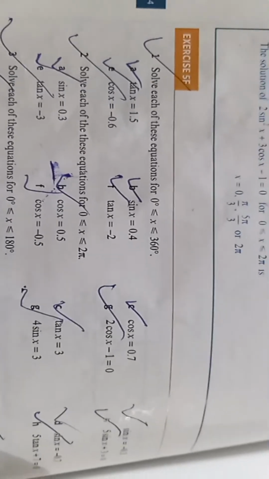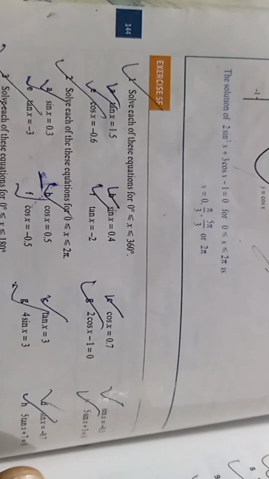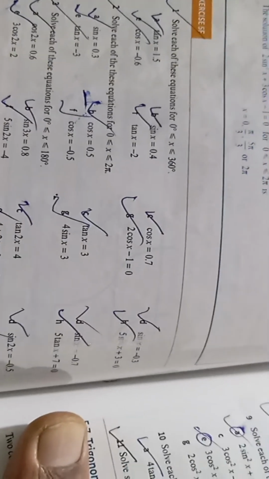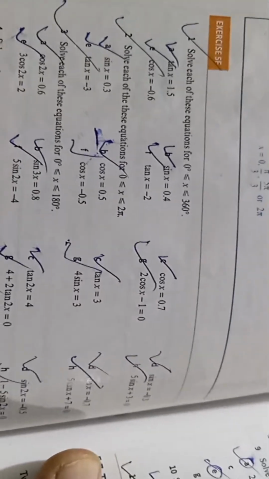It says, solve each of the following equations for x from 0 to 360, and we have to find the values of these angles. Okay, so let's see what happens.